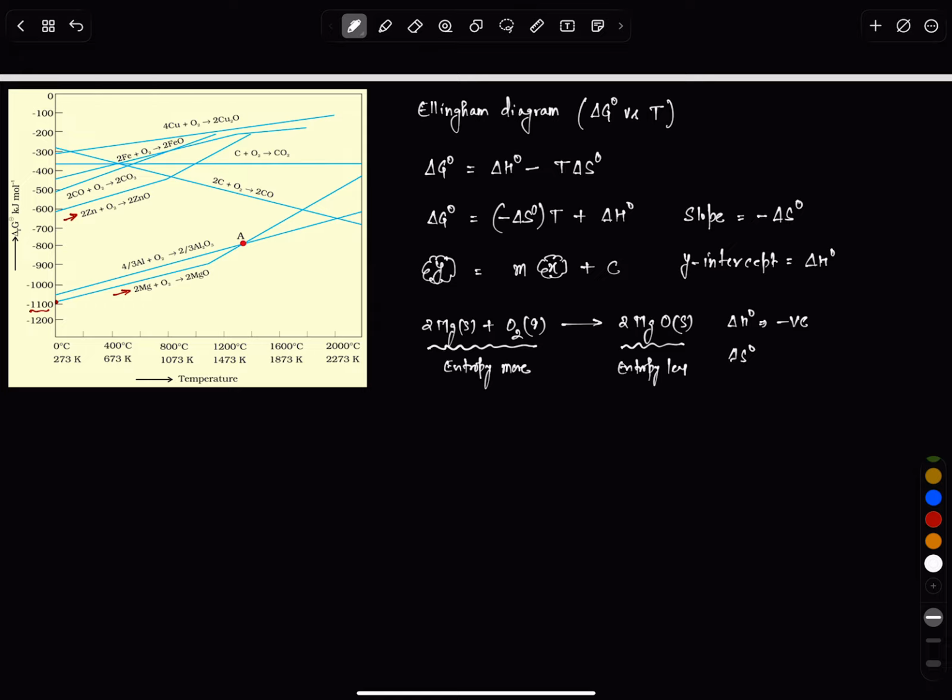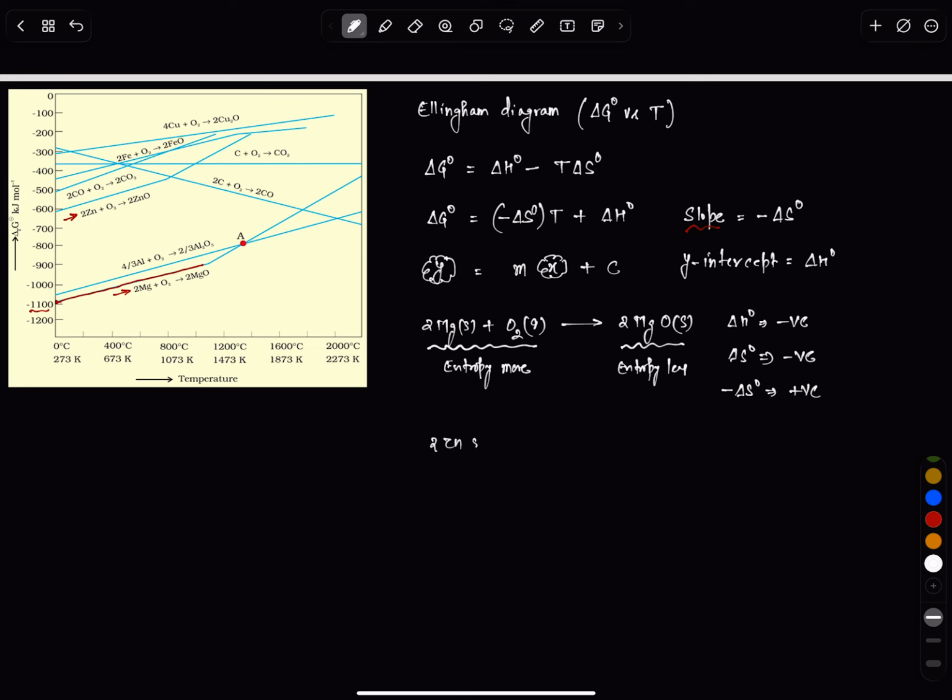So if we calculate the change in entropy, delta S naught is nothing but final minus initial. So the change will be negative. So delta S naught here will be negative. And what about minus delta S naught? So that will be positive. And here you can see again, minus delta S naught is nothing but the slope. And slope here, it's quite visible. That is positive, right?